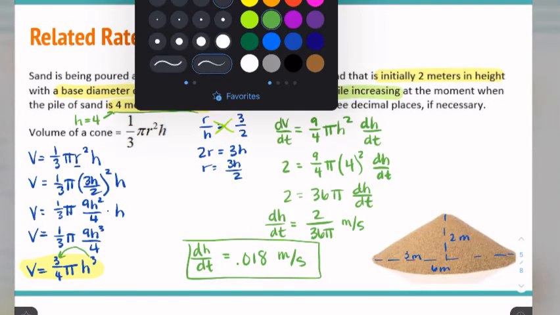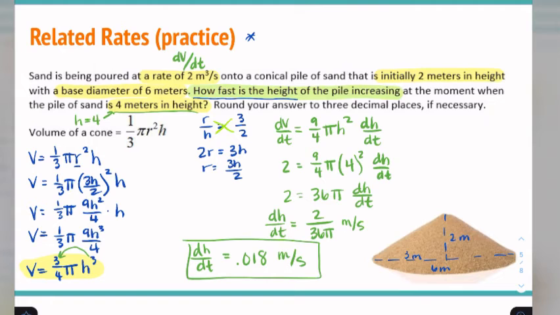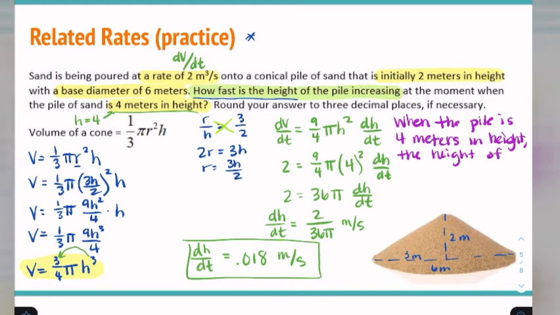Now let's actually finish this off and write a little sentence. When the pile is 4 meters high in height, the height of the sand is changing.